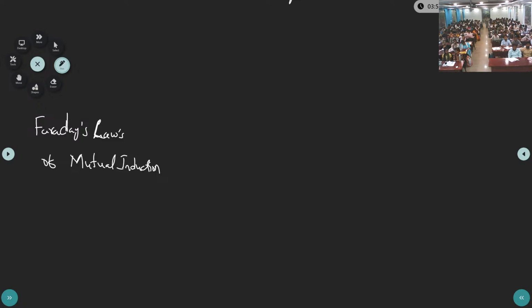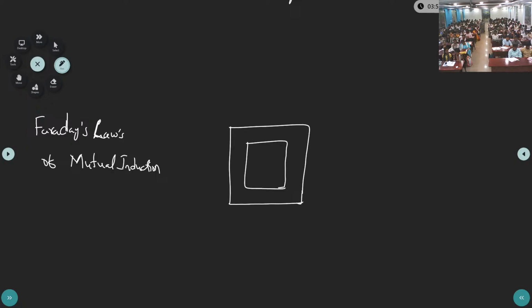So let us consider one core which is a square. What is meant by core? It is an iron piece which looks like a square.